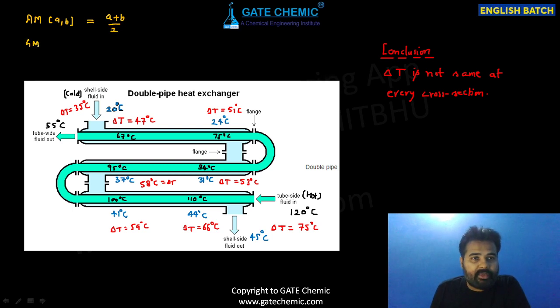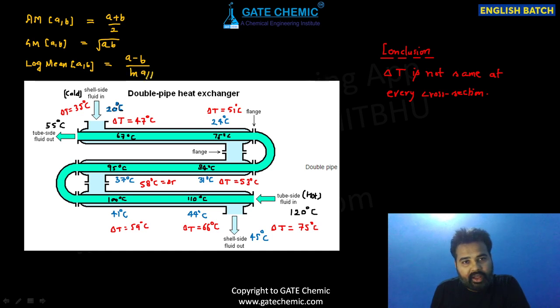Similarly, the geometric mean of A and B is the square root of A multiplied by B. Similarly, my dear students, one more mean is there, that is the log mean. Log mean of A and B can be written as A minus B upon ln of A by B, or you can write B minus A upon ln of B by A. Both are the same. See, beta, taking minus common in the numerator, you will get B minus A upon ln of B by A. So here we are going to use the log mean.